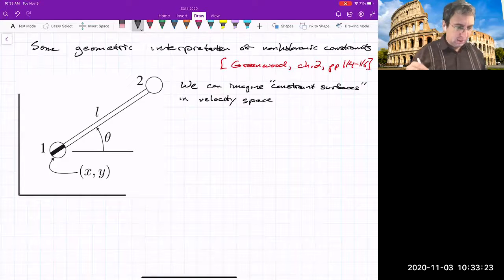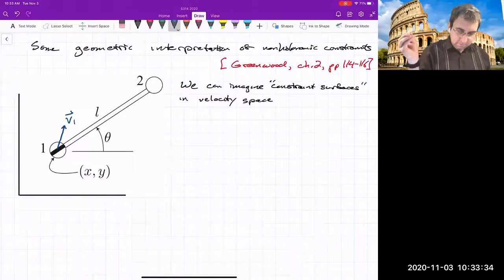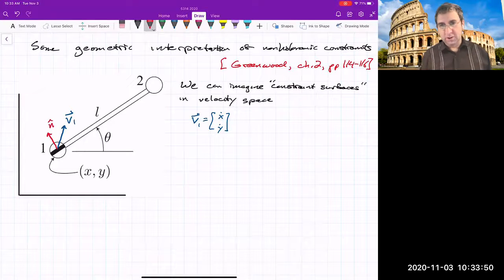So for this system, I think we've mentioned it before. If you were to write the unconstrained velocity, that would be V1. And V1 is x dot, y dot, written in an inertial frame. And we're saying there can't be any motion in this normal direction to the blade.